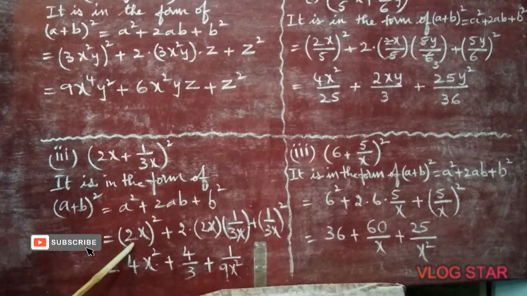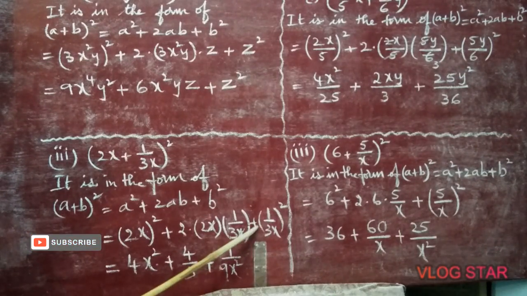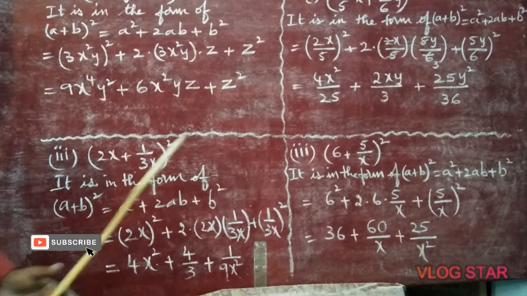Here (2x) whole square, 2 2s are 4 and x square, plus 2 2s are 4 and in the denominator just 3 is there. Nothing is there means here 1 is there. 1 into 3, 3. 1 square means 1. Plus we have to write, 1 square means 1, (3x) whole square, 3 3s are 9, x into x, x square.